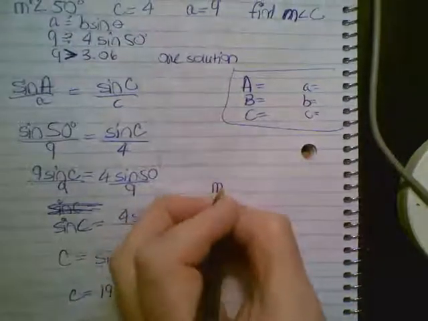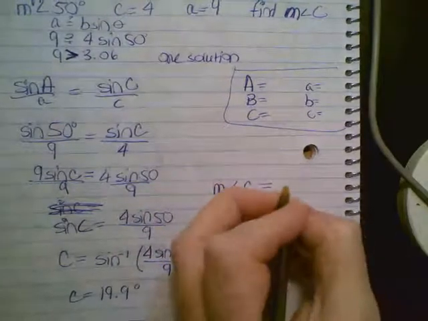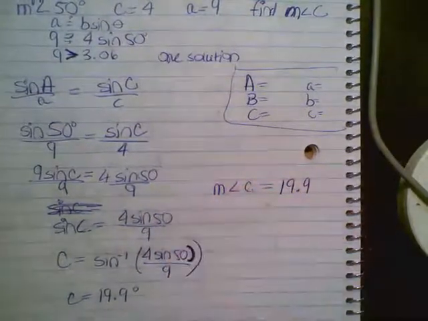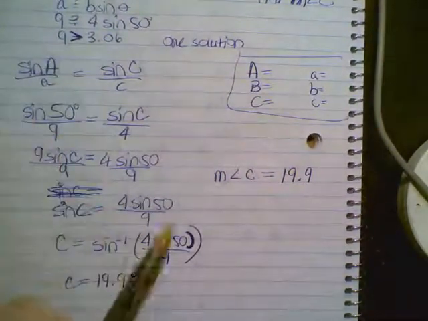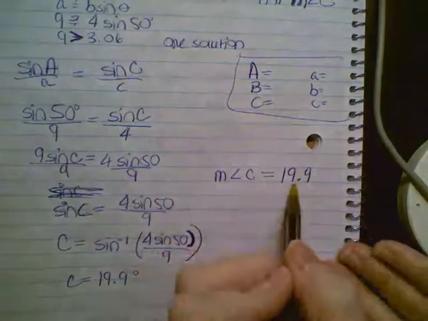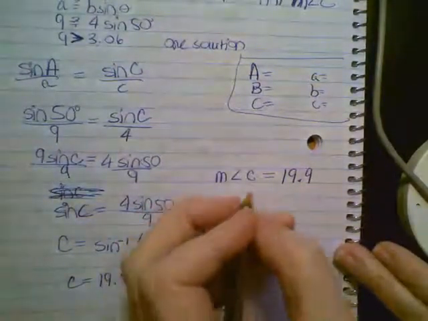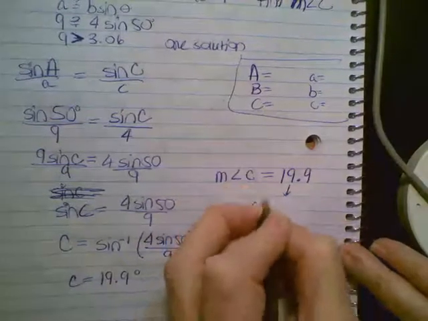Okay. So I got that the measure of angle C is 19.9. But what if I didn't figure out how many solutions there would be? So I would take this number and subtract that from 180.